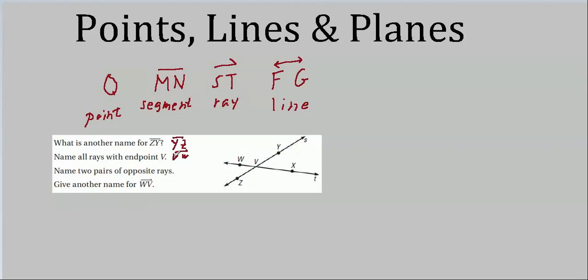Normally, we put the endpoint first, VW. WV for a ray, that's going to be confusing, because if you wrote WV for a ray, you would think W was the endpoint, and it went off to infinity this way. But in fact, VW is this ray here. Okay, that's one. VX, that's another one. VY, yeah, that works.